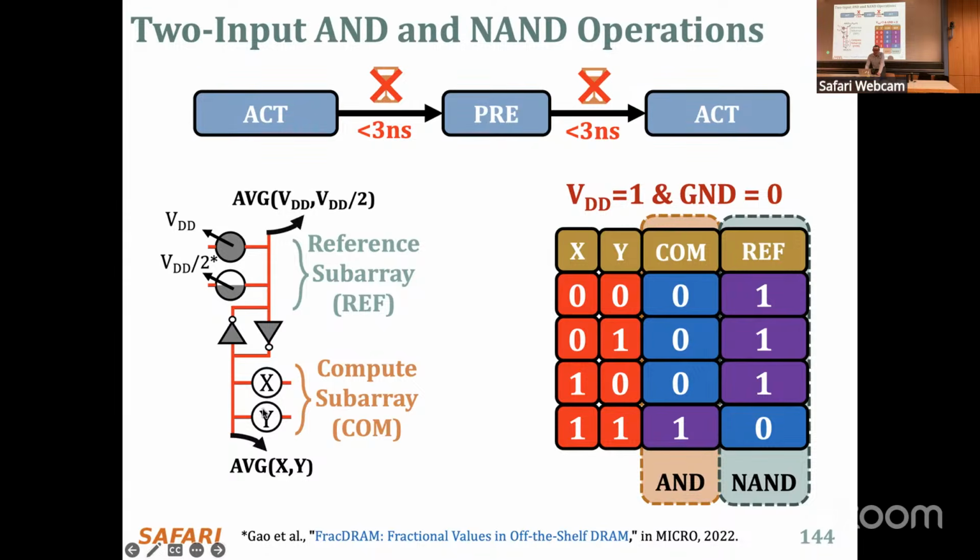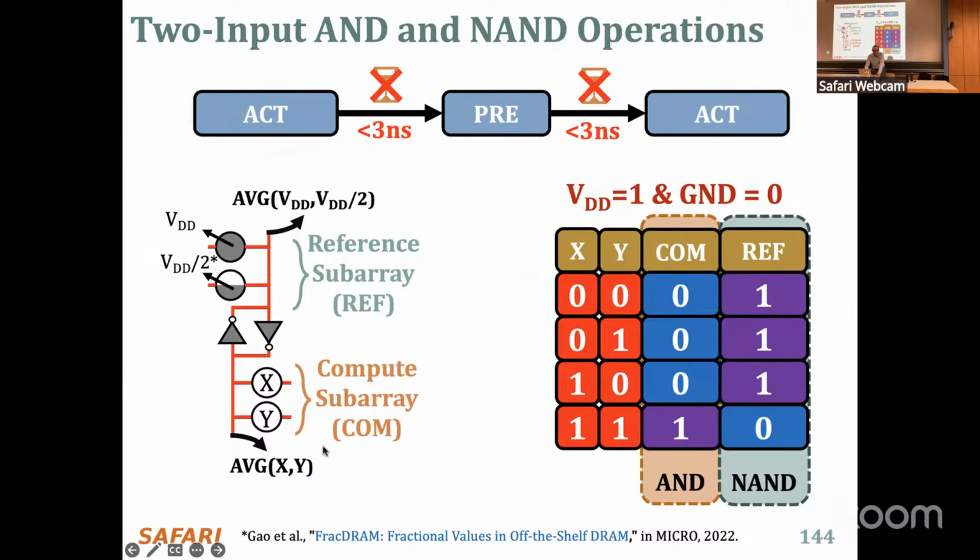Let's say we want to compute a function of X and Y. Assume that we set this reference voltage to VDD and this one to VDD over 2. And there's a way of doing that in real DRAM chips that I'm not going to go over. It was published by this work in MICRO 2022, and we verified that it's actually working. It's in our open source workloads. Basically, the average voltage here is 3 VDD over 4.